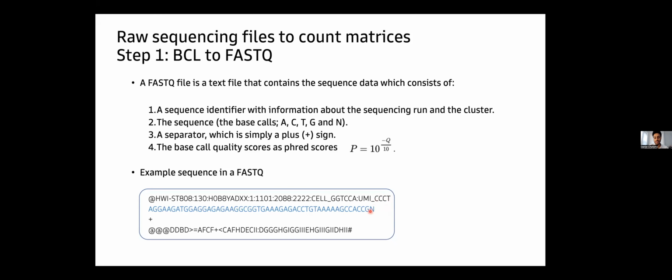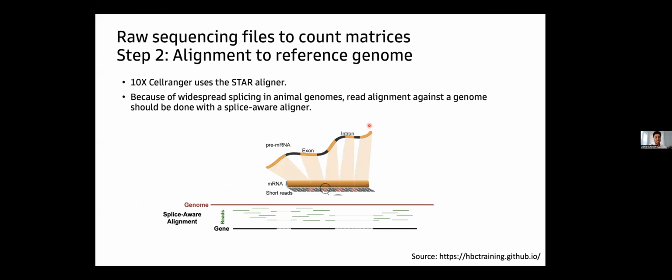So Daniel, you have a question. Hope it's okay to interrupt. Can you give an example of a splice-aware aligner? Yeah, that question came before I addressed it, I guess, because here STAR is a splice-aware aligner. So if you're using STAR, the default 10x Cell Ranger aligner, then it is a splice-aware aligner.